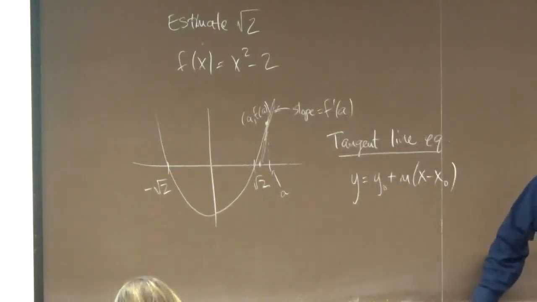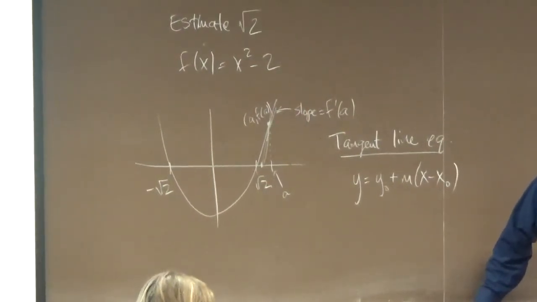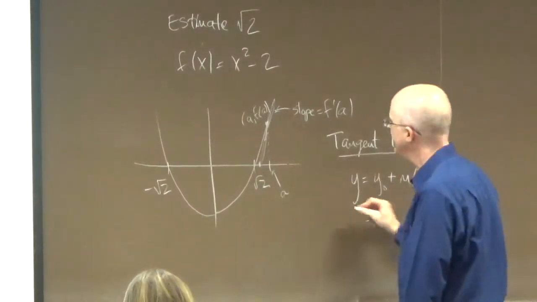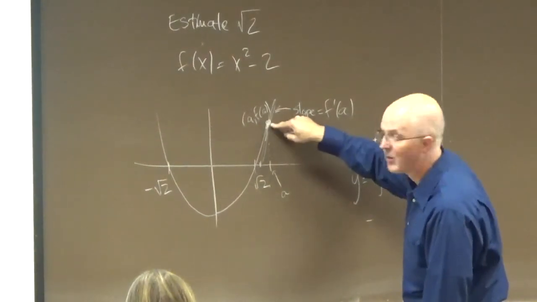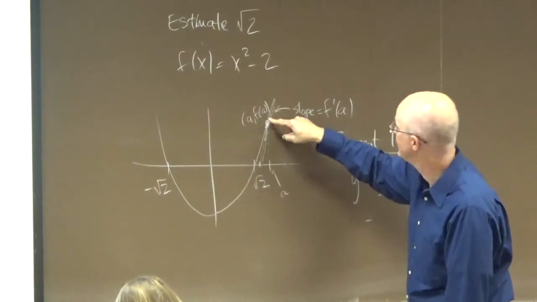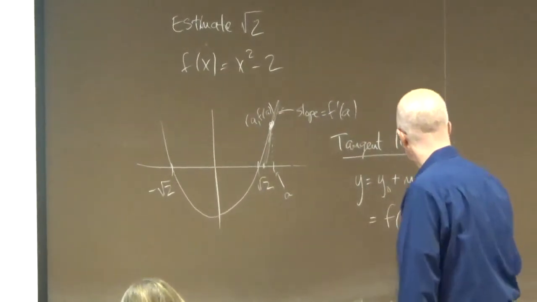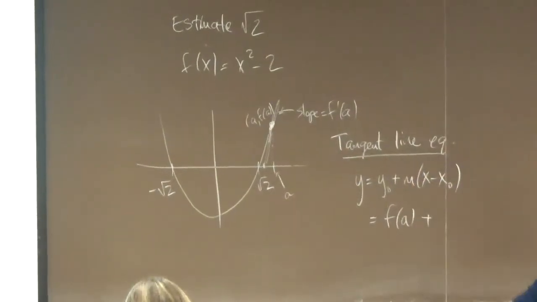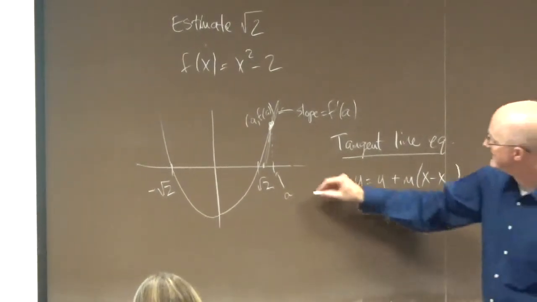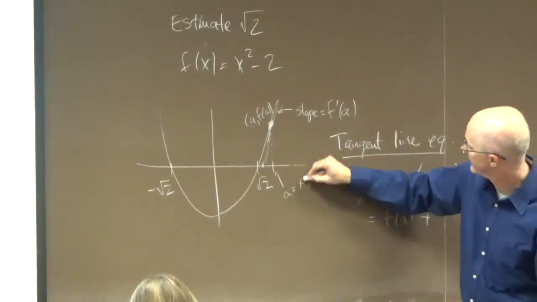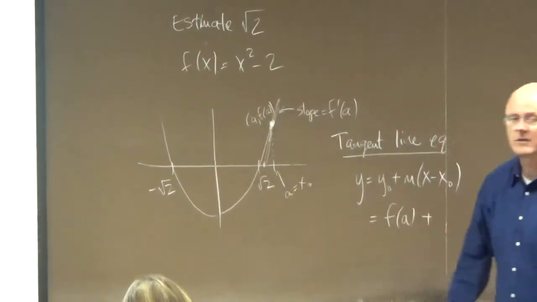There's your general point slope form. But what is y0? It's the second coordinate of that point, right there, f of A. x0 itself is A. A is the same as x0 here. It's the first coordinate of this point that we know.